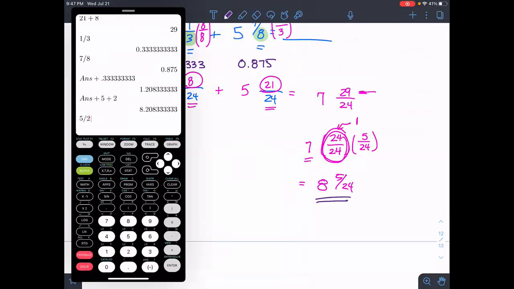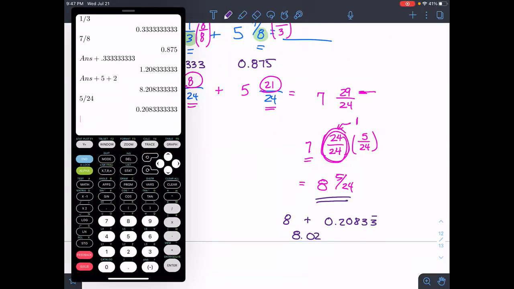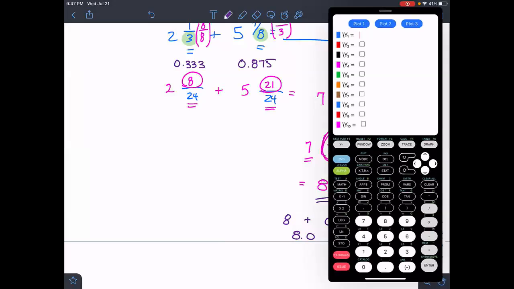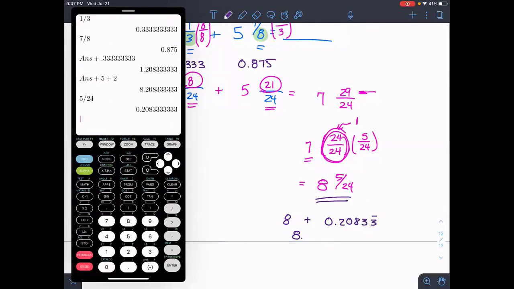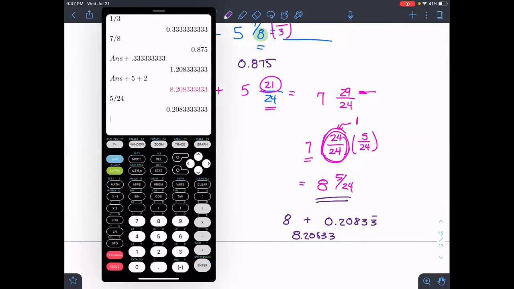So 5 over 24 is 0.20833, continuing, and then plus that 8 gets me 8.20833, which is the number I ended up getting earlier. So you could do it that way, or you could find common denominators.